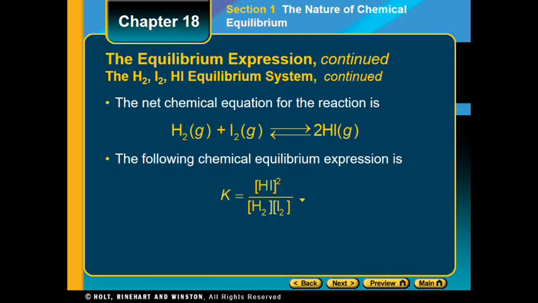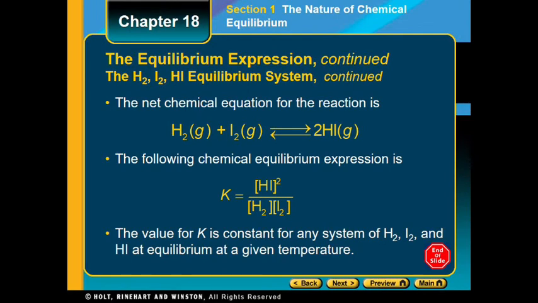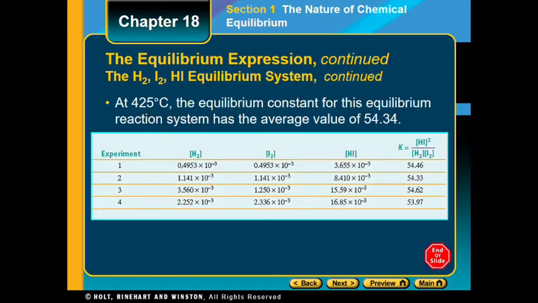And there's the equilibrium constant expression for it. Again, see how the coefficient 2 right here is being used to raise HI to the second power. And the value of K is a constant for this system at equilibrium at a particular temperature.